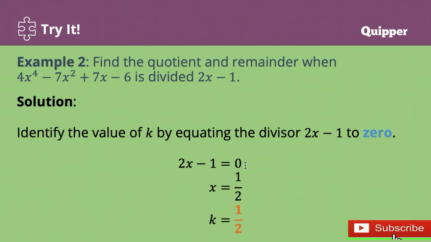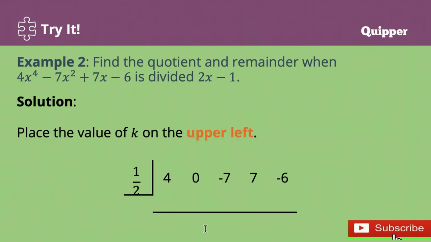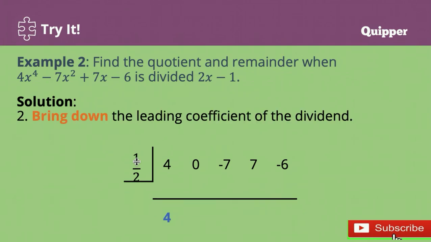Then divide both sides by 2, and we have the value of k is equal to 1/2. Then place the value of k on the upper left here. This is the value of k, we have 1/2.